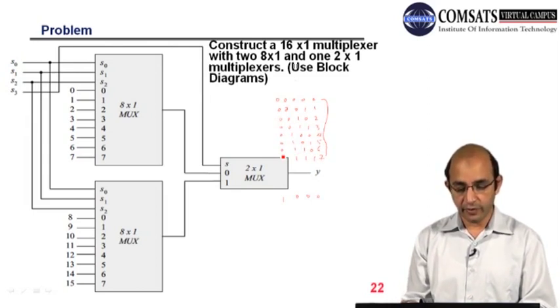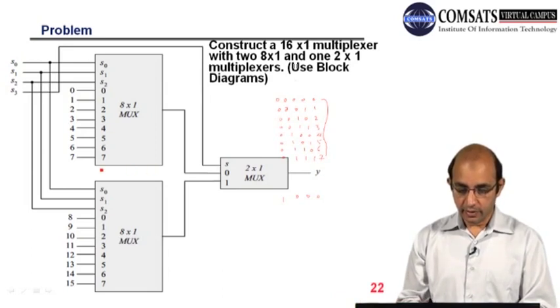So it means whenever we have 0 at S3, this multiplexer will be selected, and when we have 1 at S3, with S2, S1, and S0 as the other select lines, then this multiplexer will be selected.